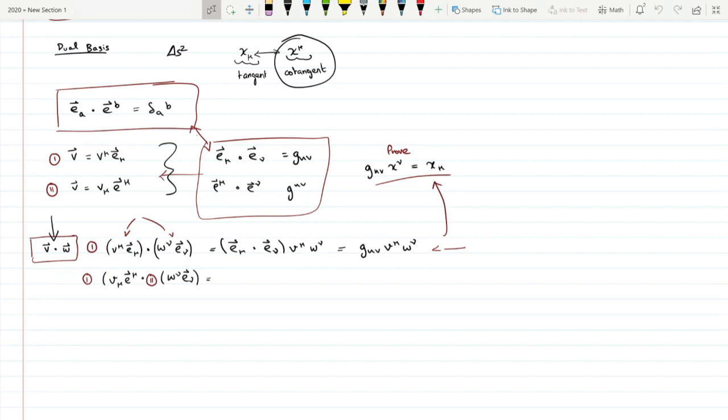That's why I gave you index practice so that you get comfortable doing this sort of stuff. You can pull the E's together, and you're left with this thing here and this dot product, which, if you remember from my definition of the dual basis, is just the Kronecker delta. Does everyone see this?